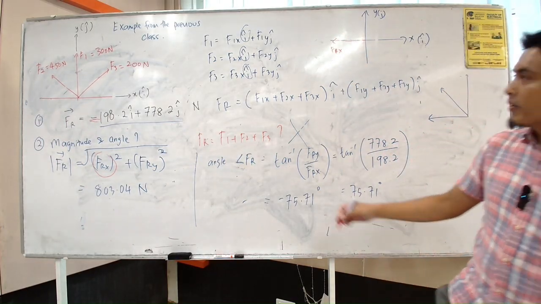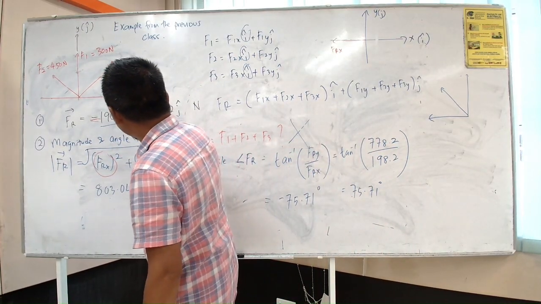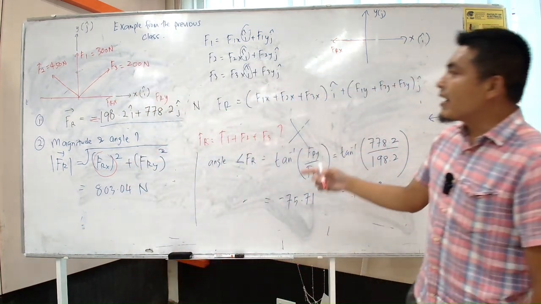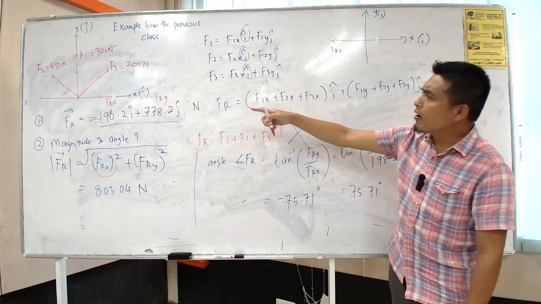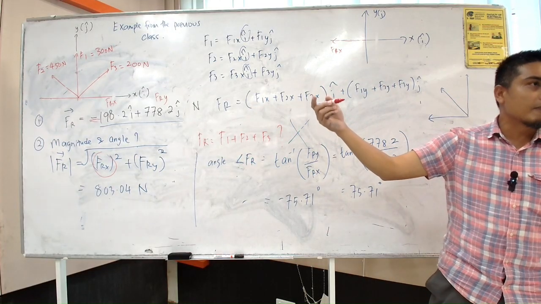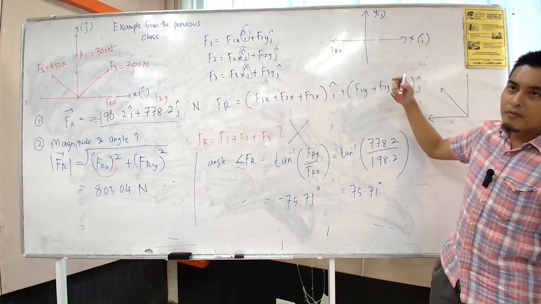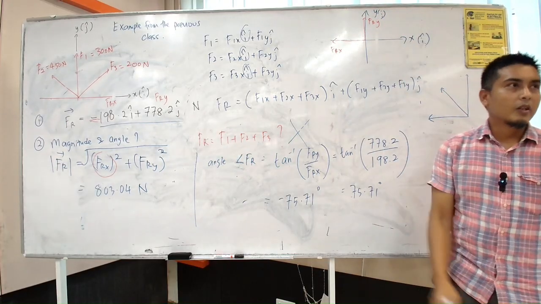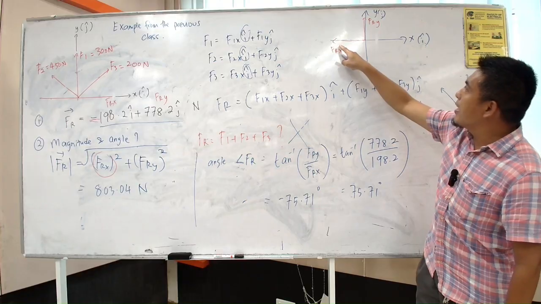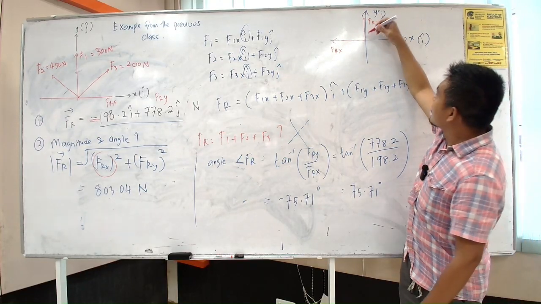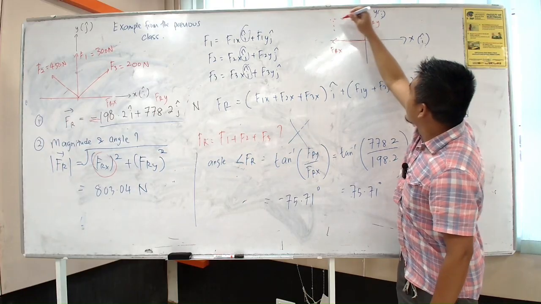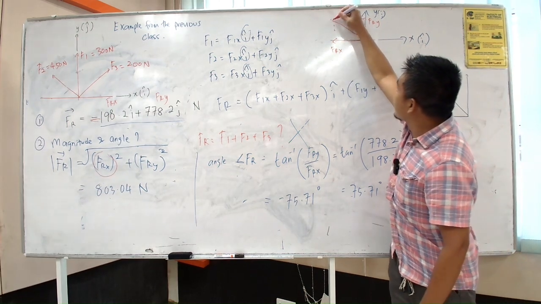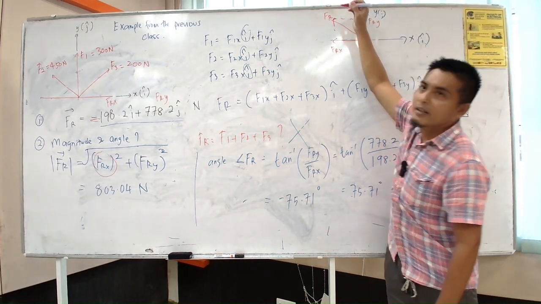This is FRX, this is FRY. And then the direction of FRY, is it positive or negative? Does it go up or down? Up. This is FRY. So the combination of FRX and FRY, if you look at the coordinate, this is the intersection. So this is the direction of FR.